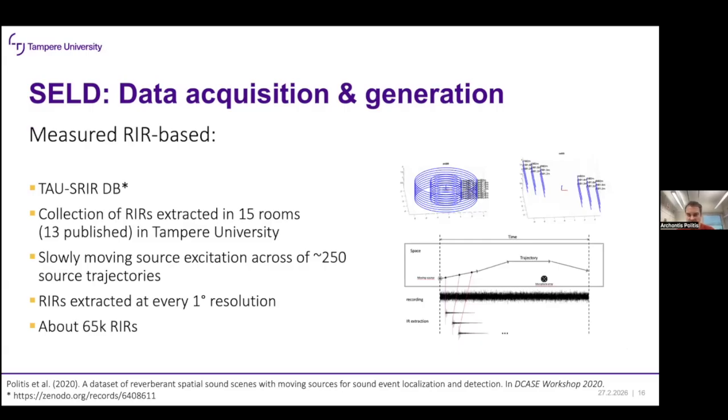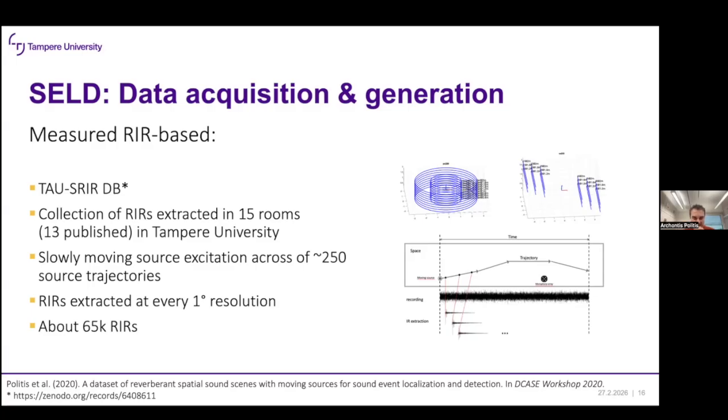For our efforts in the beginning, we used simulations quite heavily, but we also wanted to bring this real acoustic aspect. So we captured a lot of impulse responses in about 15 different rooms here in Tampere University, where we were moving a loudspeaker slowly in trajectories inside the room, playing some broadband noise excitation, and from these recordings we were extracting the room impulse responses at approximately every 1 degree resolution, as seen from the array.